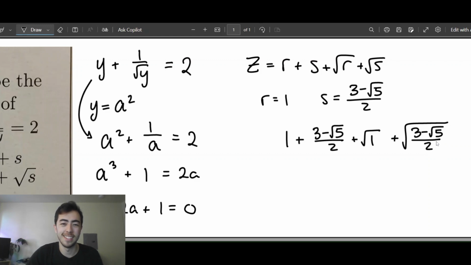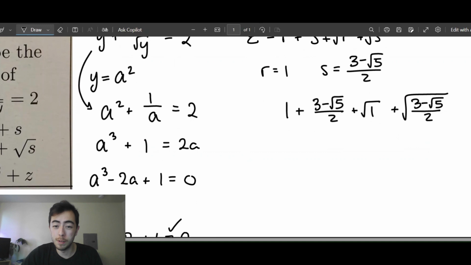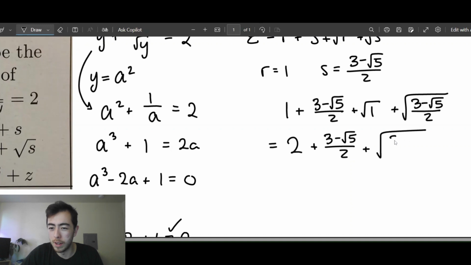Okay, that's kind of hard. I'll combine my like terms. So Z is going to be equal to 2 plus 3 minus root 5 over 2 plus root of 3 minus root 5 over 2.